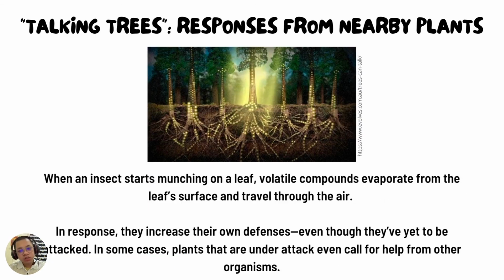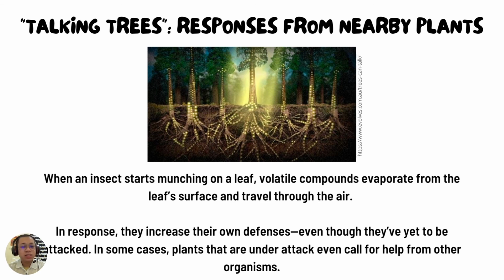We also have this very amazing phenomenon. In the 1980s, researchers began to suspect that plants growing near other plants under herbivore attack eavesdrop on these volatiles. When an insect starts munching on a leaf, volatile compounds evaporate from the leaf surface and travel through the air. In response, neighboring plants increase their own defenses.